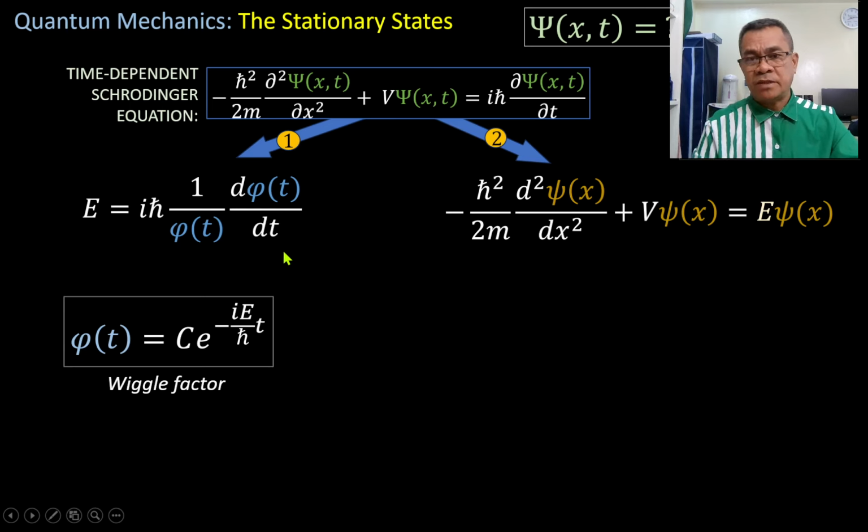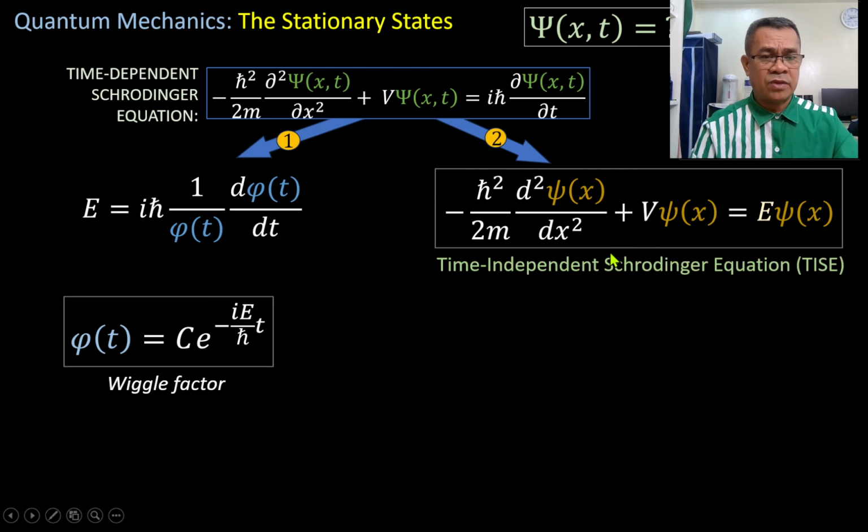If we have this E. But remember, this E is the same as E in the second term, the second equation. Okay? So we have already this one because this is a very easy differential equation. But when you look at this one, this differential equation, this is actually a very popular equation. We call this the time-independent Schrodinger equation or the TISE.